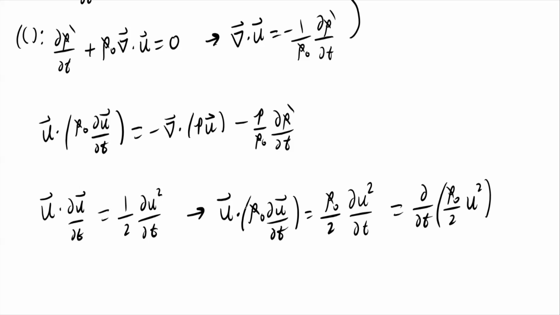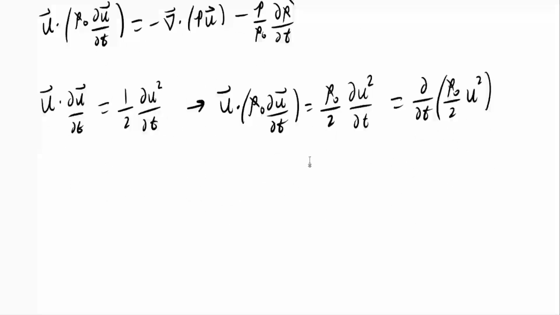Now we want to take a look at the third term, this negative p over rho naught times d rho prime dt. To help us simplify this term, we'll look at the last equation used to derive the wave equation for fluids that we haven't used yet, namely the linearized state equation, which is the following.